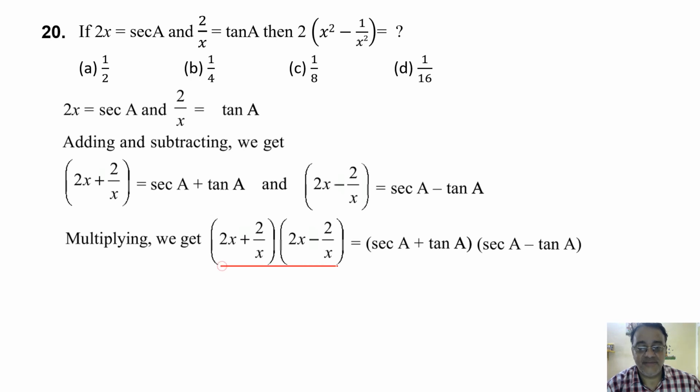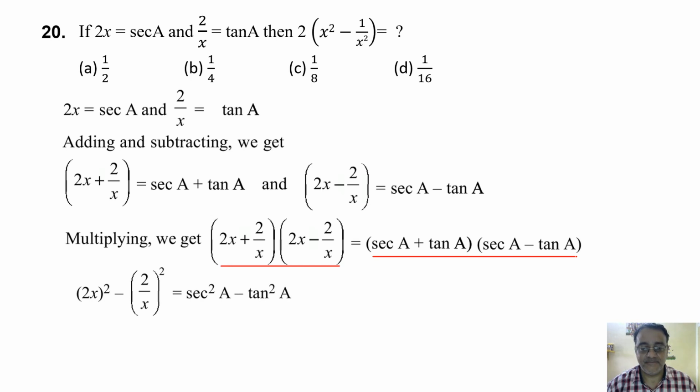Now this is in the form of a plus b into a minus b, and this is also in the form of a plus b into a minus b. Okay, so we will get a square minus b square. Is this step also clear? Yes, sir. And what is the value of sec square a minus tan square a? 1. Right. So now we will get this one as 4x square and this one 4 upon x square.